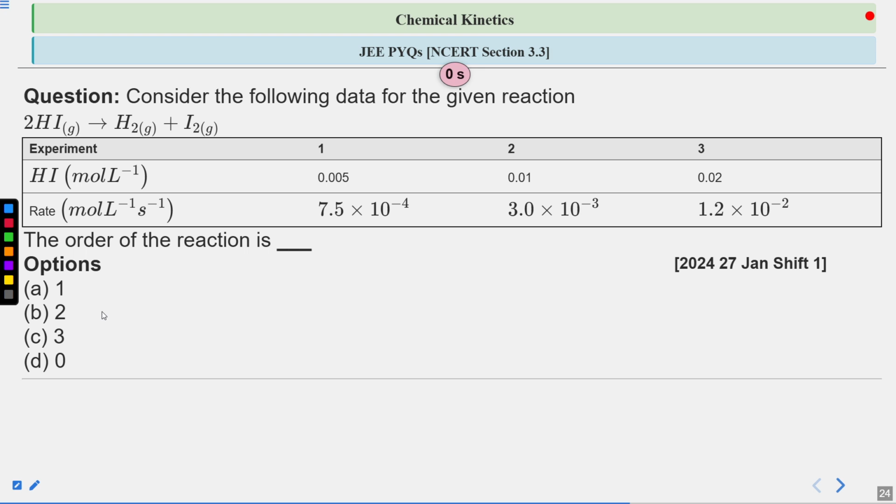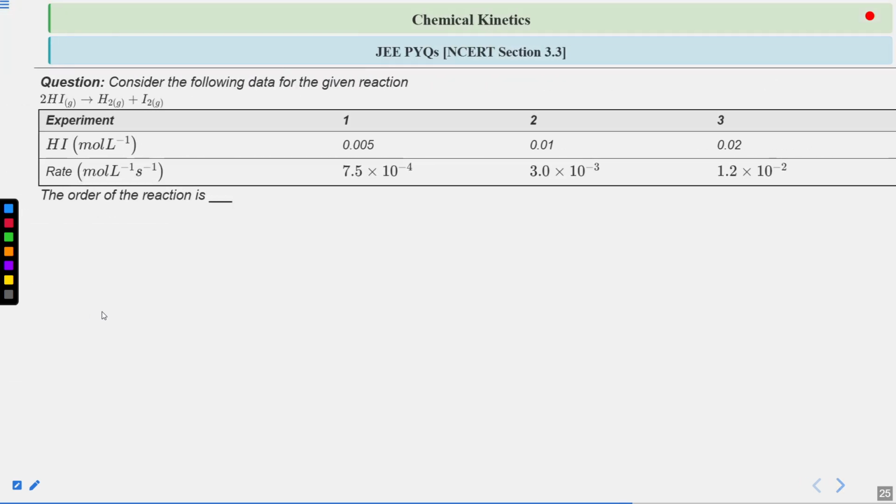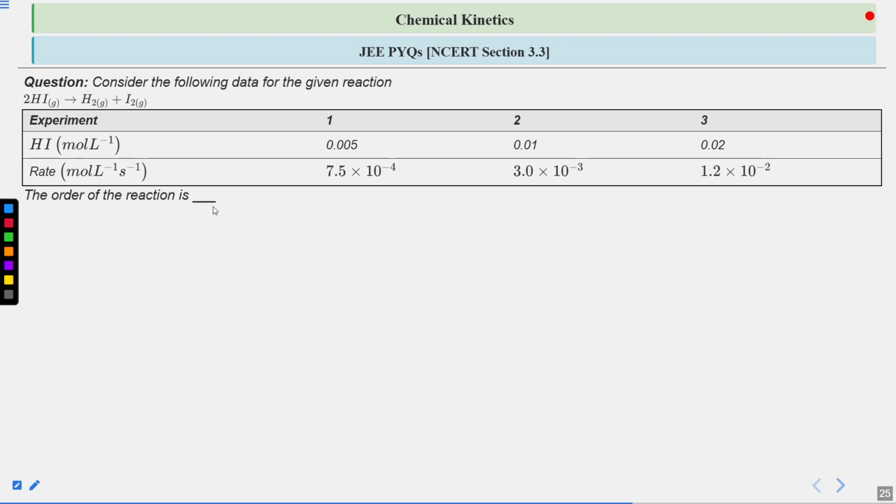Okay, let's see. For this given question, the correct answer is option B, that is 2. Let's see how.